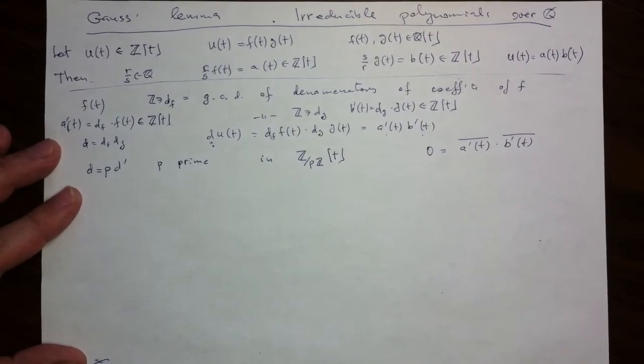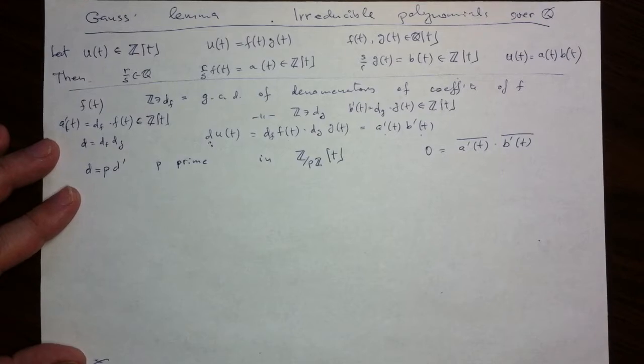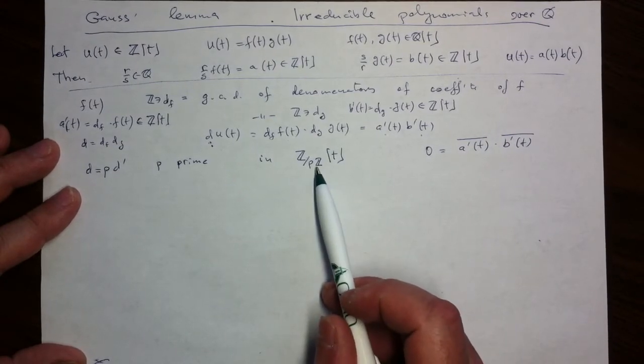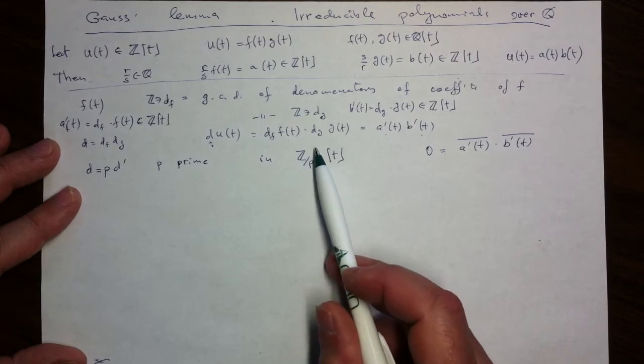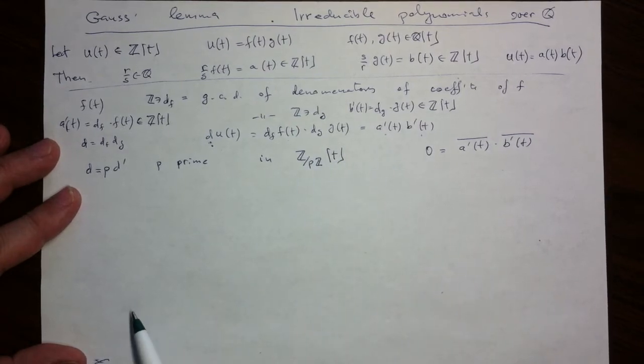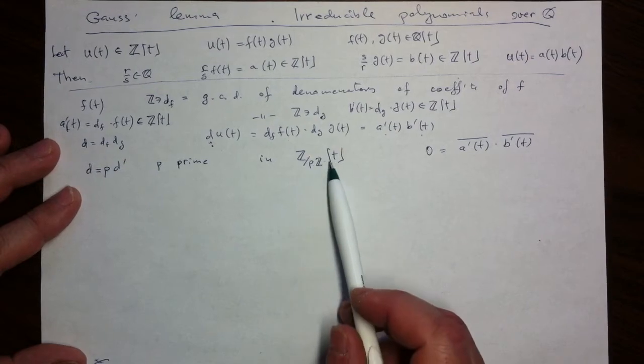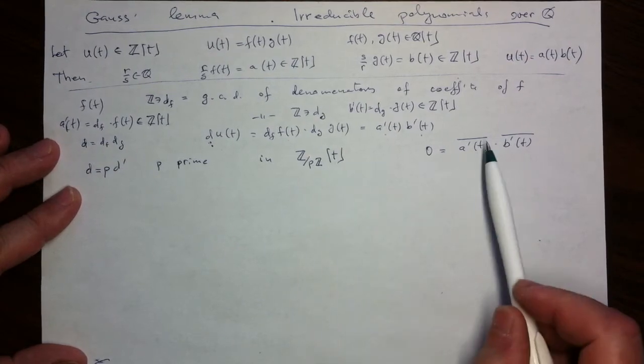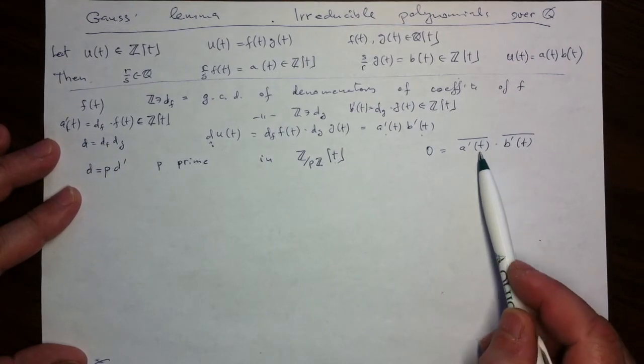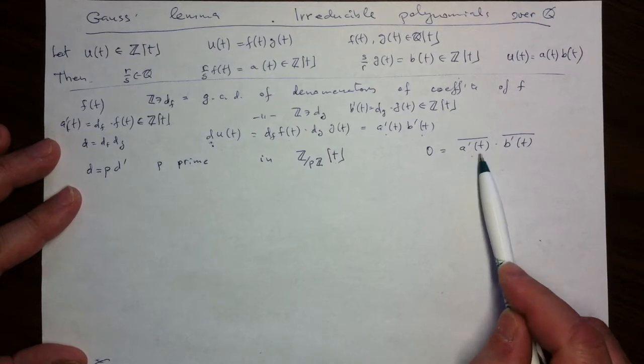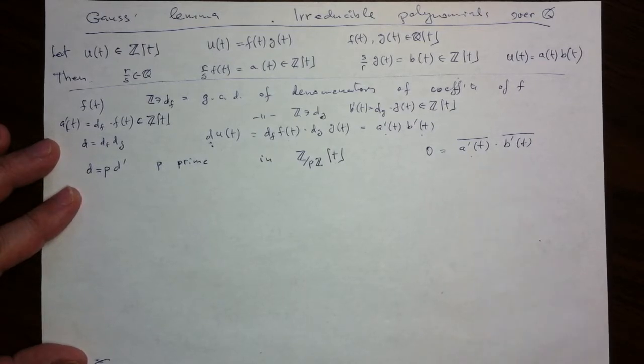So those polynomials multiplied will give us 0. Well, how can we get 0 in the polynomial ring? Coefficients reduced mod p still form a field, and so this polynomial ring doesn't have non-trivial 0 divisors. Either a prime or b prime reduced will have to be 0.